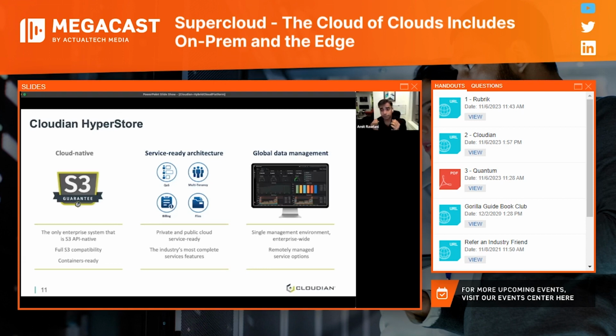And this makes management easy and scalable as your environment grows. If you prefer, Cloudian also offers the fully managed offering of Cloudian. Even though the system will sit in your data center, we can take care of management and running your systems with our product called Hypercare, which is the remote managed services, right?